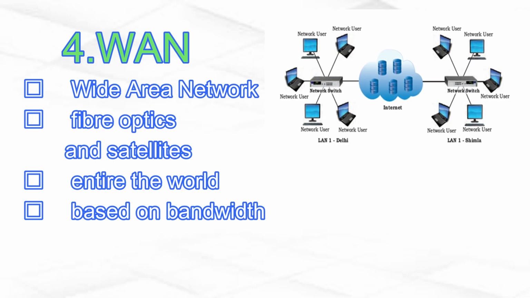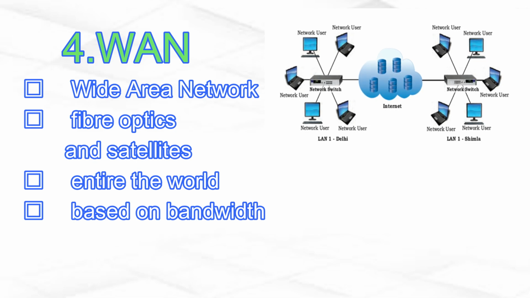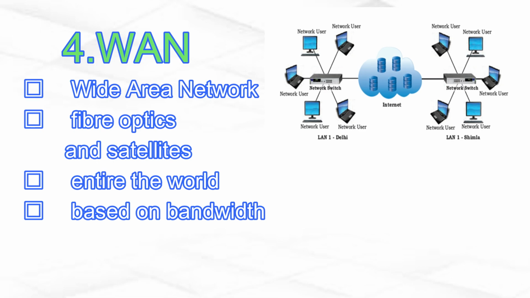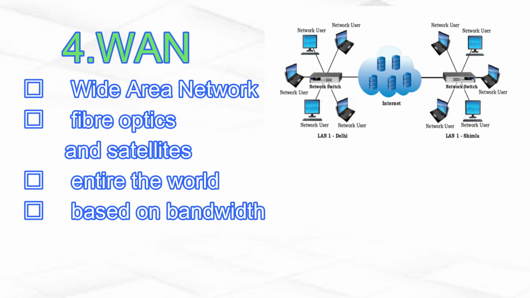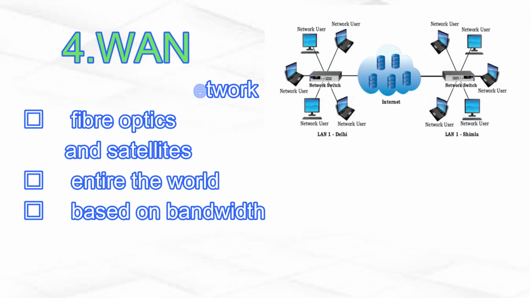To connect the internet, we use optical fiber cables by ISPs, and we can use satellites also. So anybody who wants to share data with anyone, we have to use WAN.